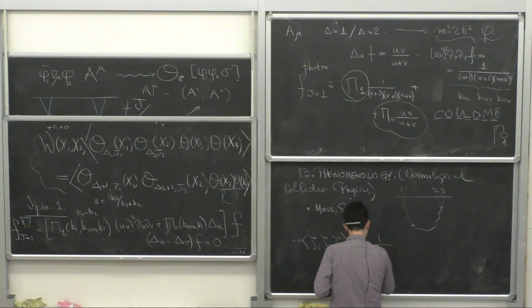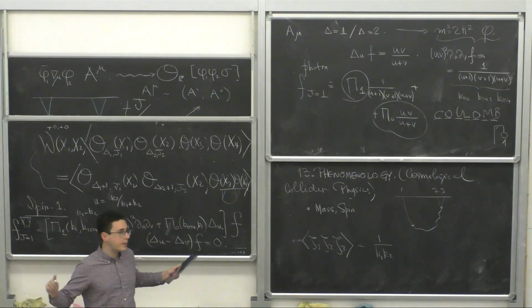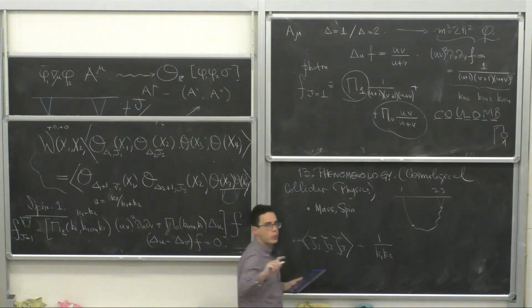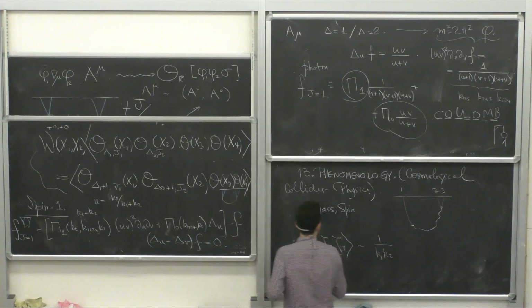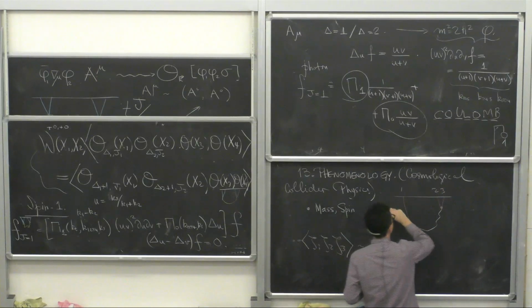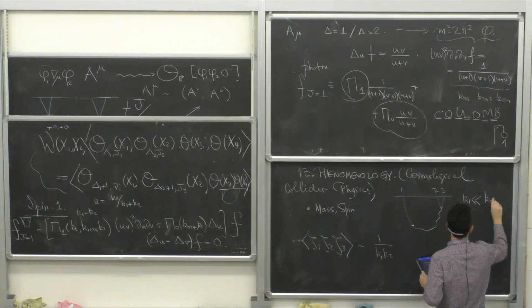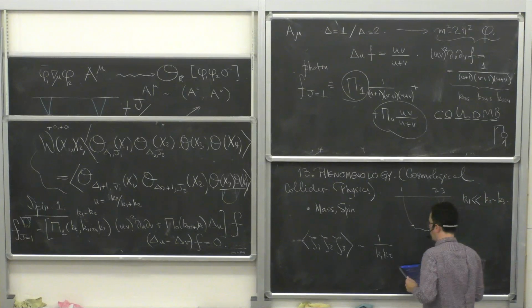It would look like 1 over K1, K2. The easiest way to detect a new particle is to create a hierarchy between the momenta, so that you give it many Hubble volumes to travel, as we discussed. So I'm going to assume that K1 is much smaller than K2, which is order K3.